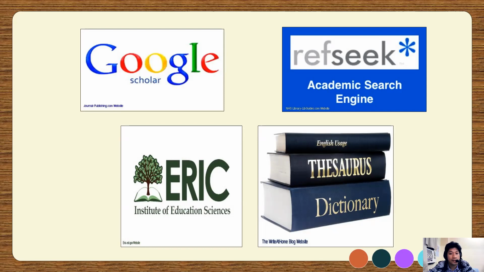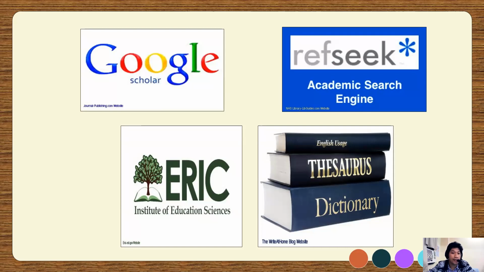You also have this RefSeek. It is a resource that allows you to research specifically for documents, giving you a better chance of finding credible information to help you write your research paper. We also have what we call the ERIC, that stands for the Education Resources Information Center.